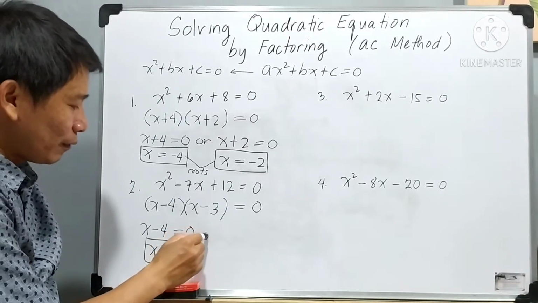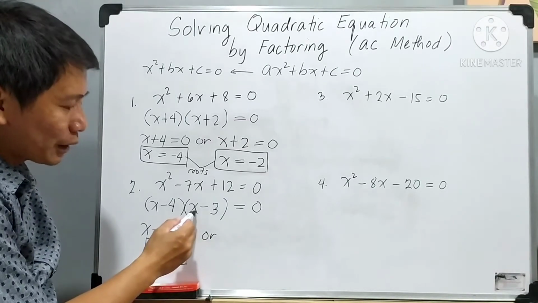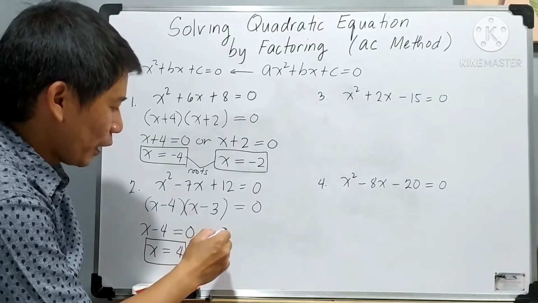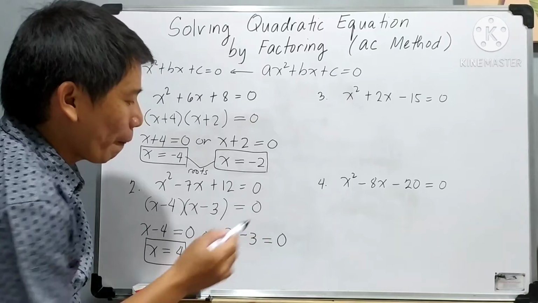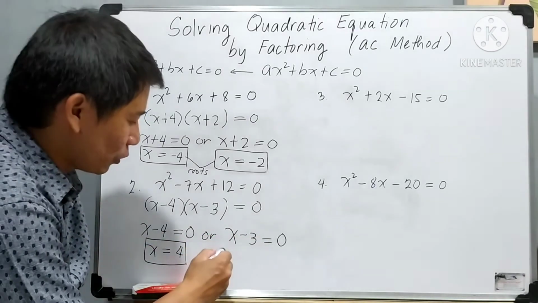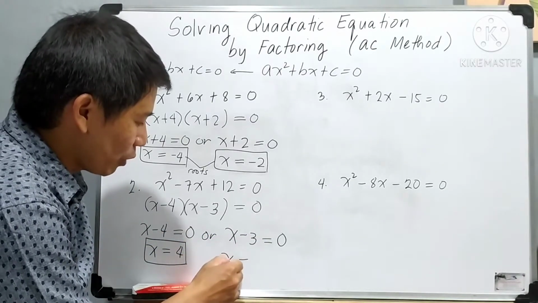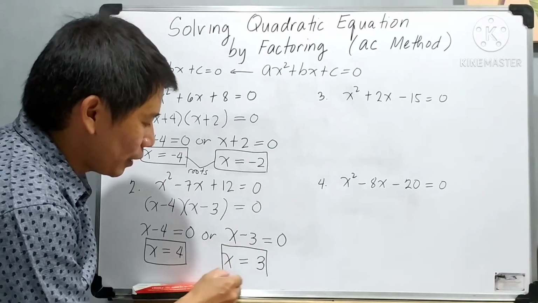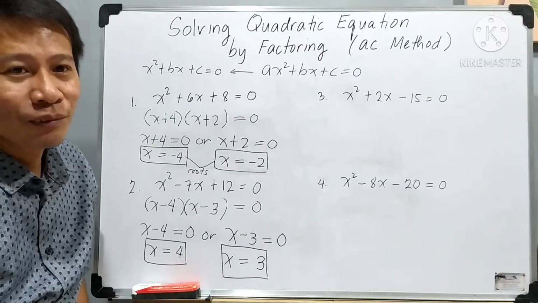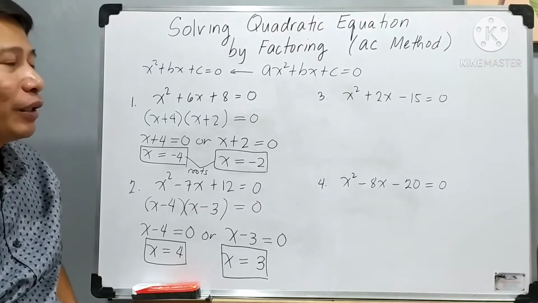So, to get the other root, ganun din ang gagawin sa pangalawang factor. So, x minus 3 equates to 0. And solve for x. So, we have x is equal to positive 3. And this will be our roots for this quadratic equation.